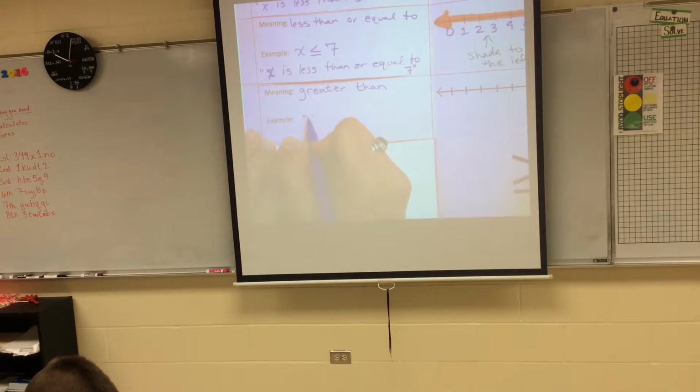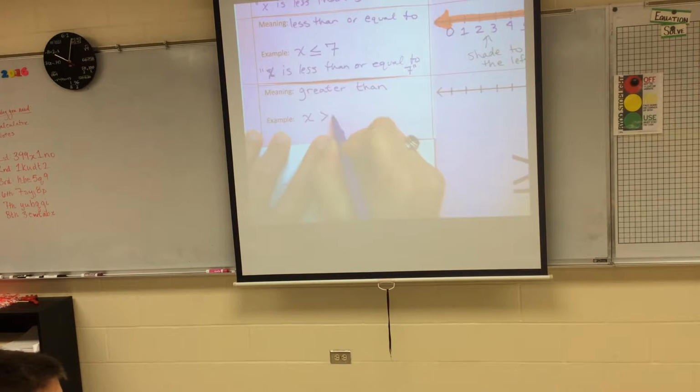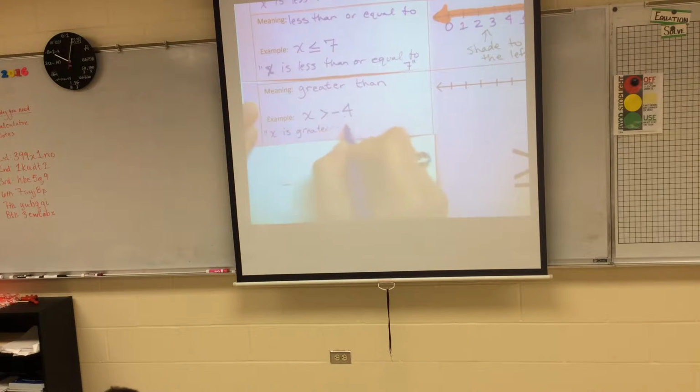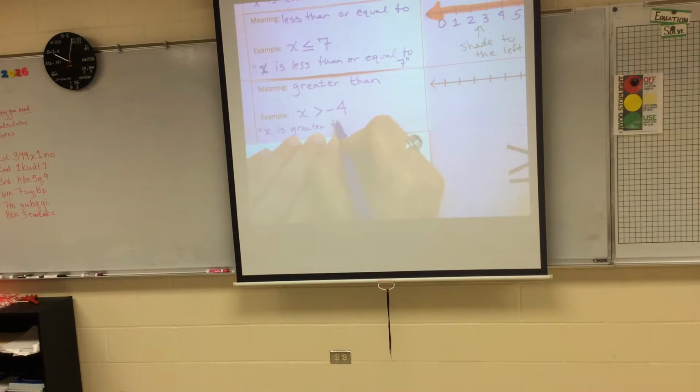So my example, I'm going to say x is greater than negative 4. X is greater than negative 4.